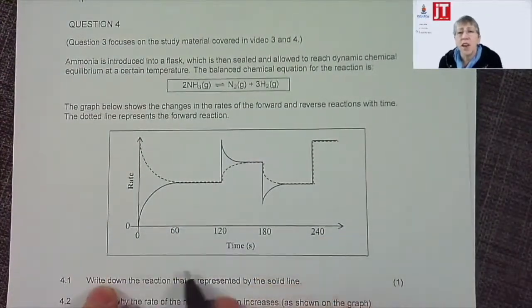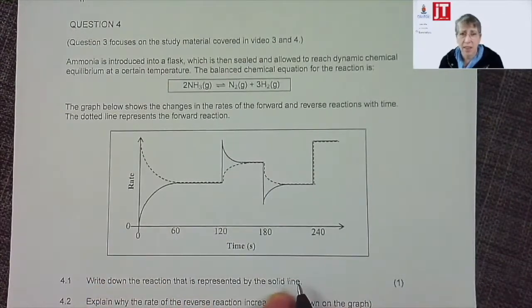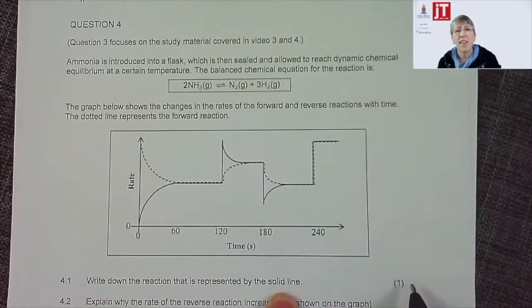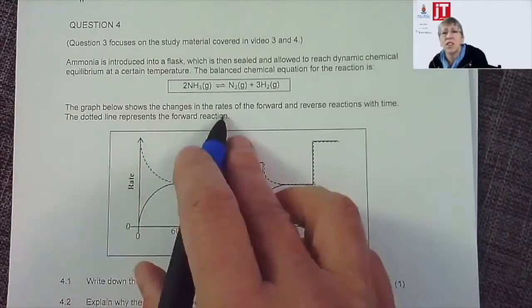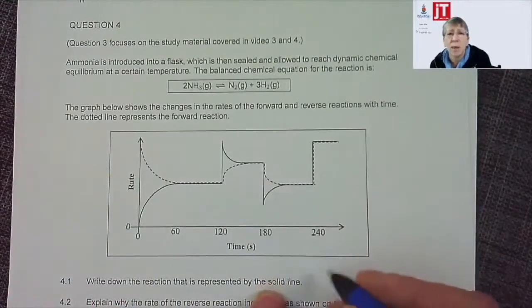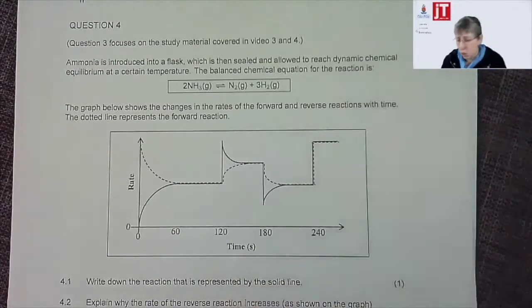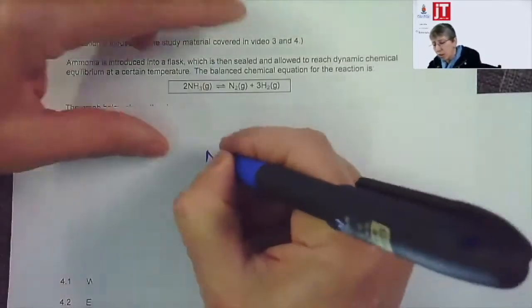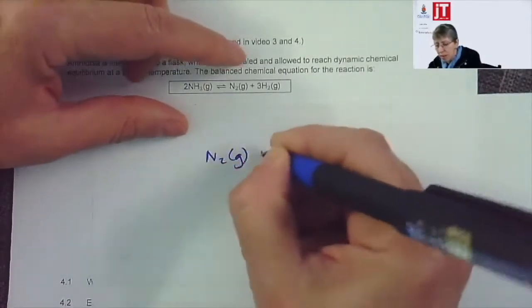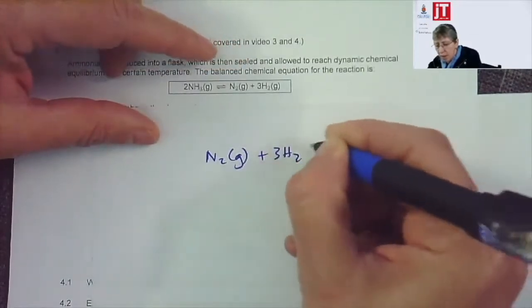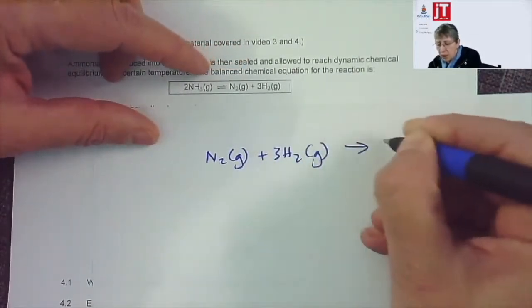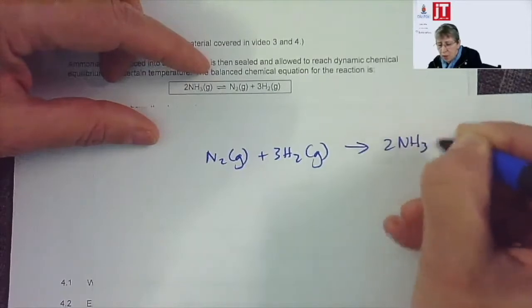First question, write down the reaction that is represented by the solid line. Now this is the easy one. They already told us the dotted line is forward, so we are talking about reverse. So what do I have to write, and what can I do wrong here? You have to say N2 plus 3H2 gas is going to give you 2NH3 gas.